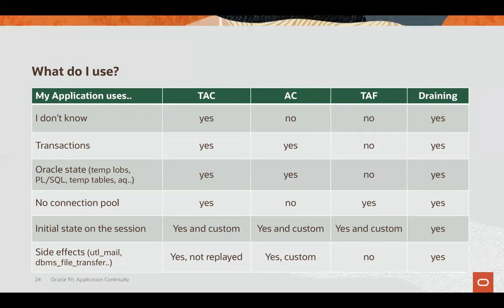If you do not want to create any configuration, for example at the transaction level or at the session state, you can use the complete transparent application continuity for your application, and this is basically transparent to the application. You don't need any configuration on the application side or the database side. It's available starting from 18c. This is the only condition we need to make sure of on our database.